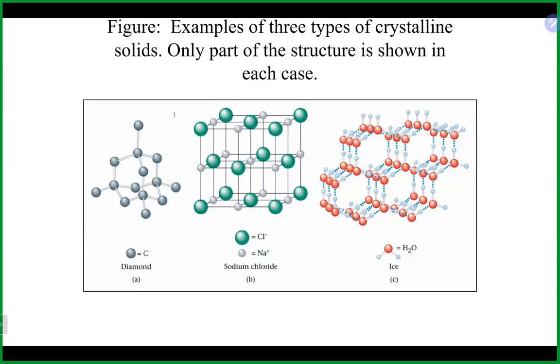We have diamond. We also have ice, and this again is how water comes together. We can really see in ice all those big open spots as they come together. One is more of a layered situation, which is very common with solids. One is a very organized, ordered arrangement, and one is a pretty random way that they come together in the solid form.